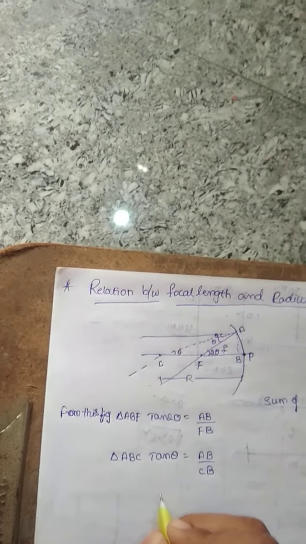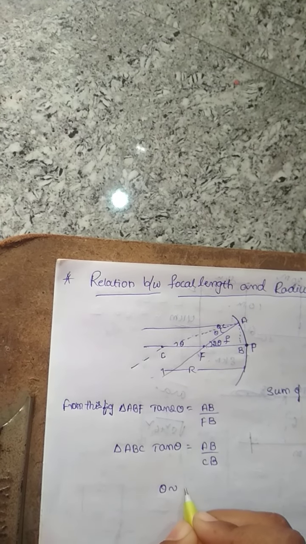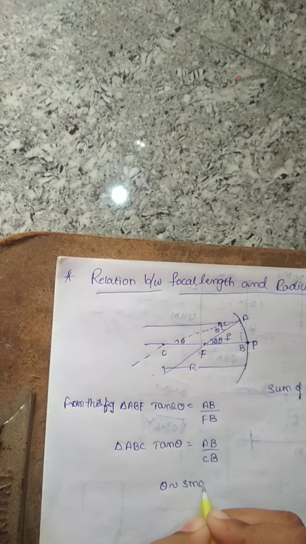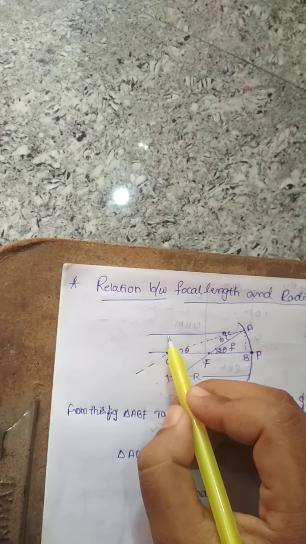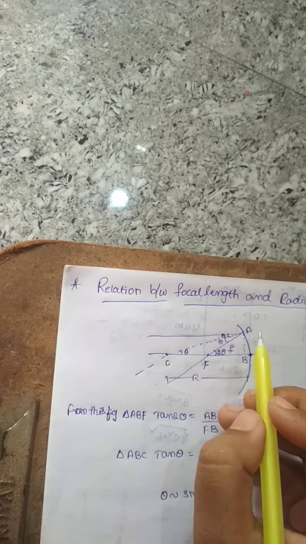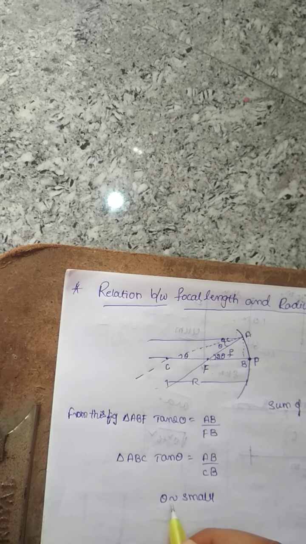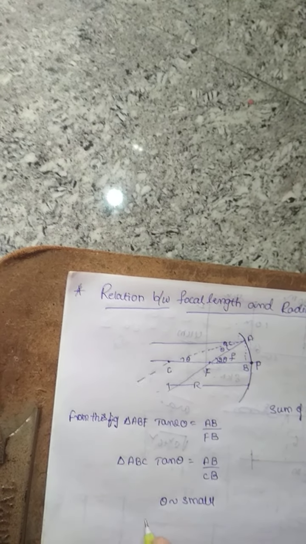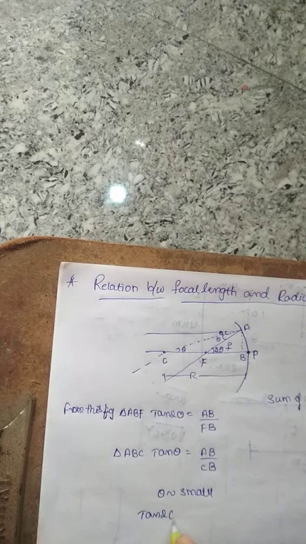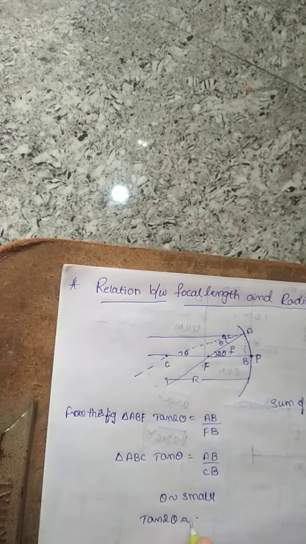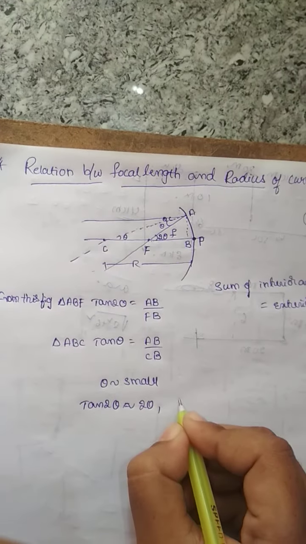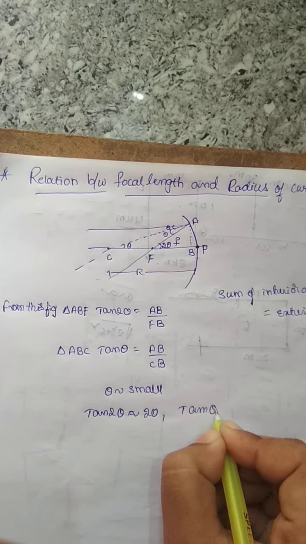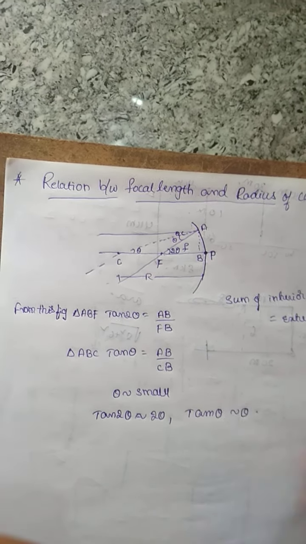Let us assume theta is very small. That means the incident ray makes a very small angle. Then tan 2 theta becomes 2 theta, and tan theta becomes theta.